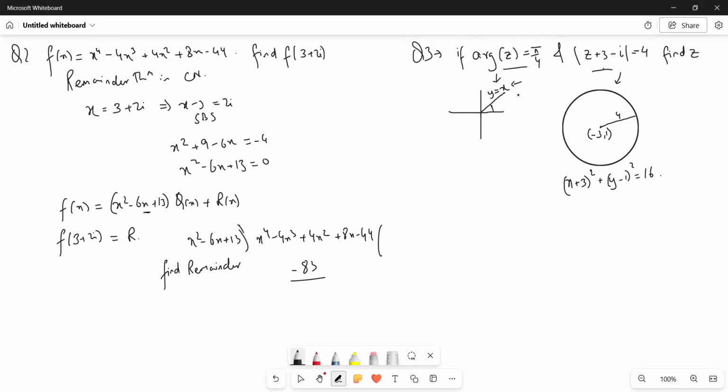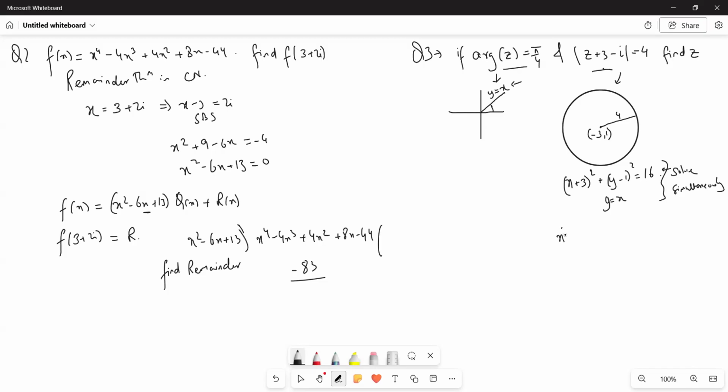If z lies on y equal to x and z lies on the circle as well, what would be the easiest way of solving? Solve the two equations simultaneously. Y equal to x, इन दोनों को solve simultaneously. तो y को x डाल दो.